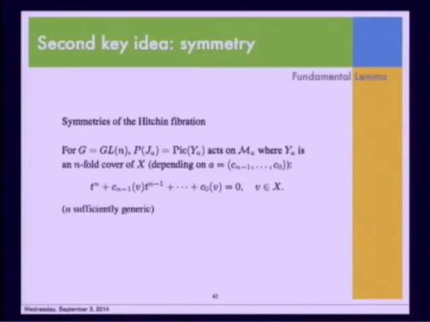And so for each point on my smooth projective curve, or Riemann surface, if you want to think of it geometrically, I've got that characteristic polynomial, and the roots of that polynomial give finitely many points over each point on my smooth projective curve. So what I get is a cover of my original curve corresponding to the eigenvalues of that characteristic polynomial.